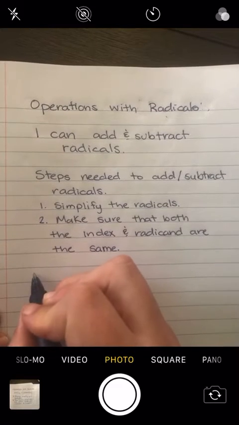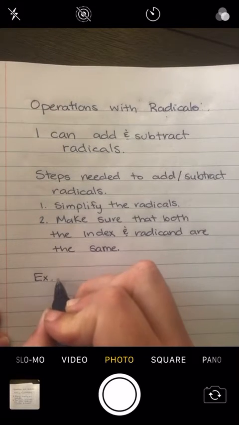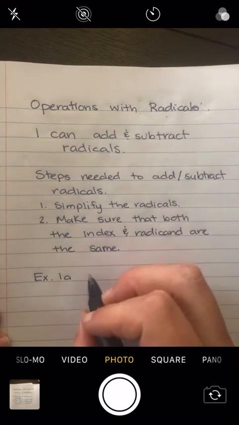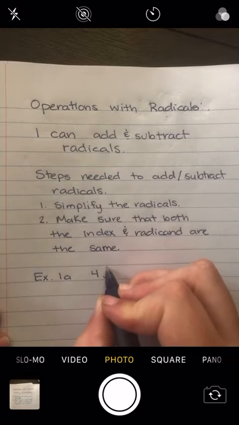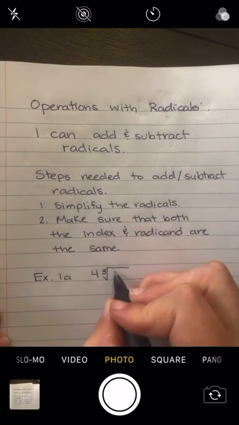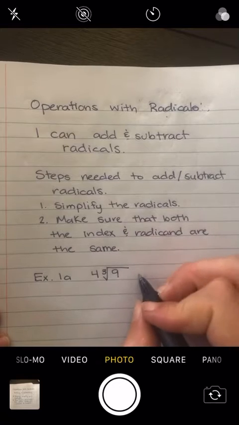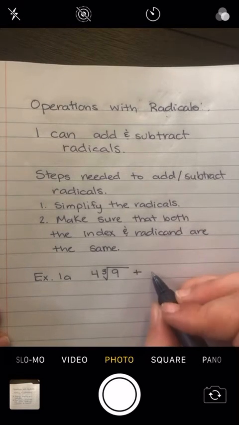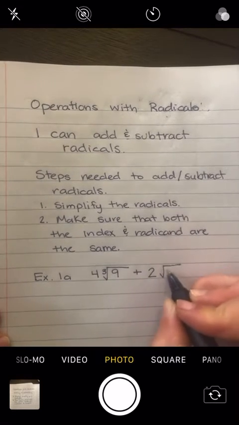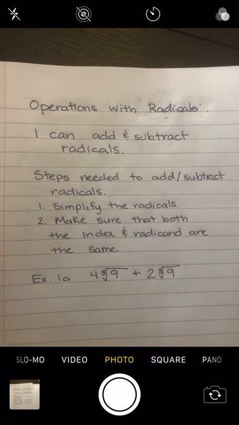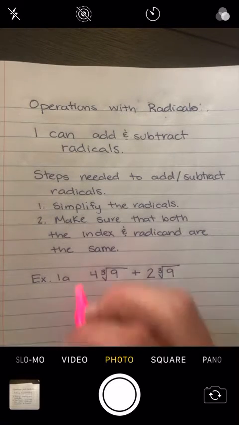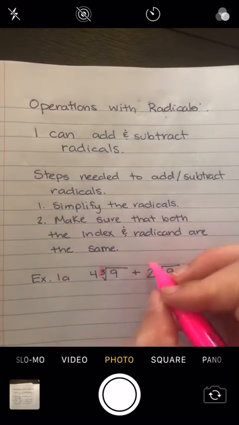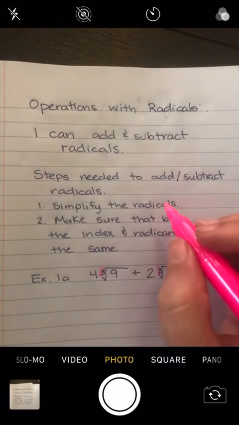All right, we're going to start off with example 1A. We're going to start with a really easy one. If I have 4 cube roots of 9 plus 2 cube roots of 9, then I will be able to do the operation because they both have a 3 for their index.